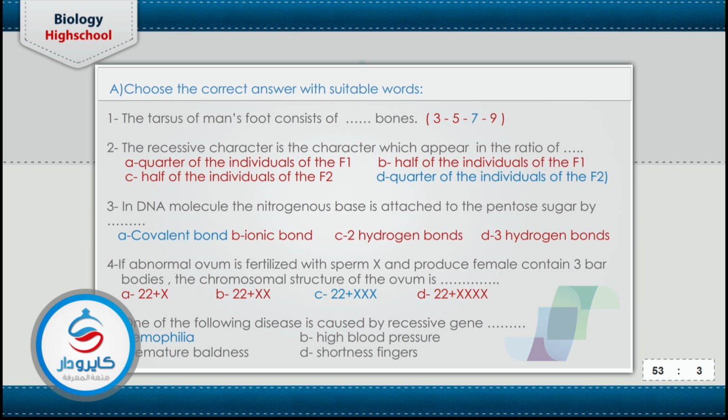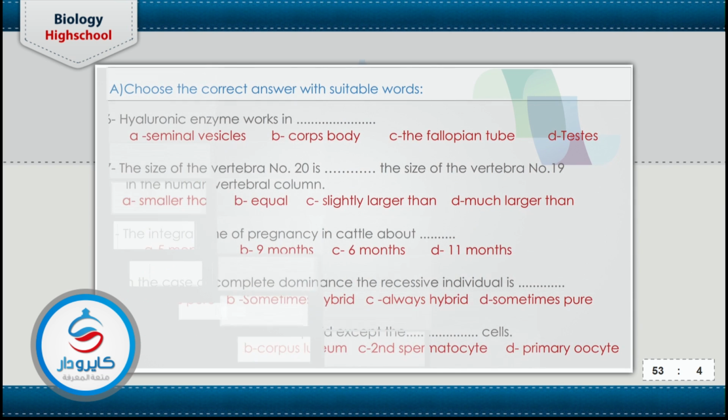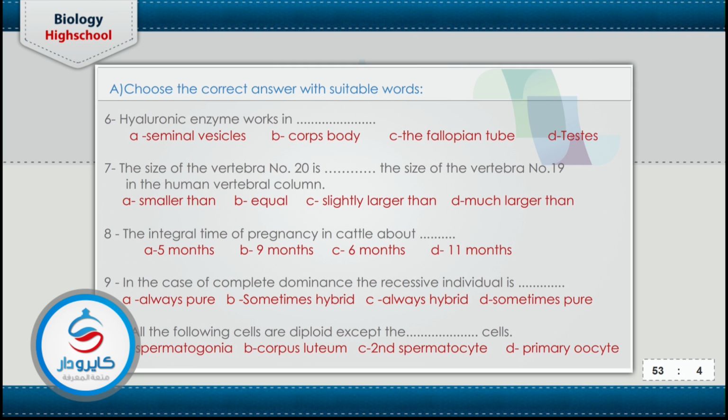The next questions. The hyaluronidase enzyme works in dots. Number A, seminal vesicles; number B, corpus luteum; number C, the fallopian tube; number D, testes. We understand that the hyaluronidase enzyme, which is secreted from the acrosome of the sperm, helps dissolve the coat around the ovum during penetration or fertilization.